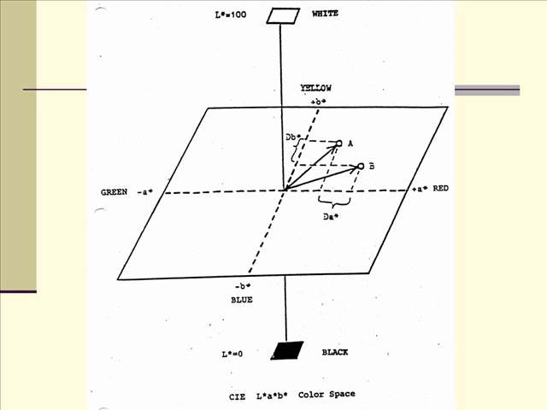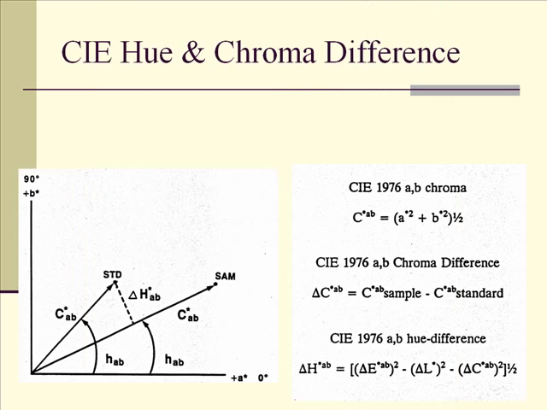These are the same chroma calculations as we saw earlier. And if we want to measure the delta H value, you can see it's that dashed line there, and the difference in the C is the difference from this point to this dashed line here. Just to give you another way of looking at the differences there.